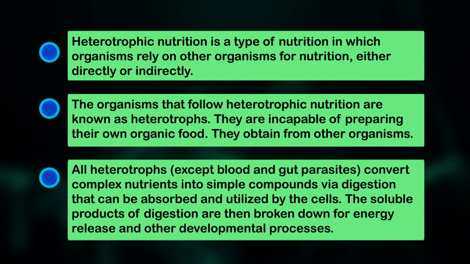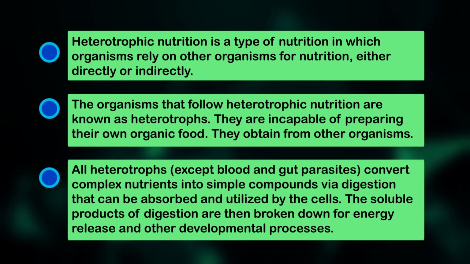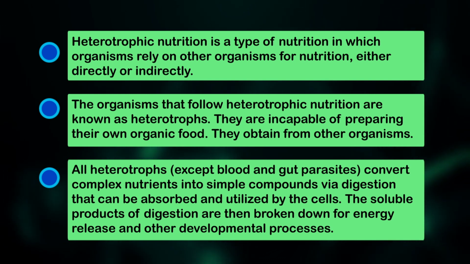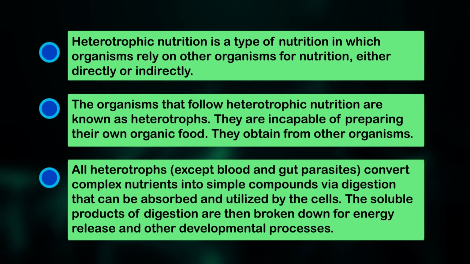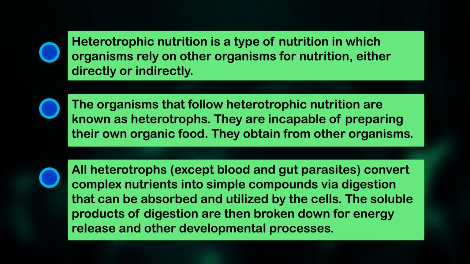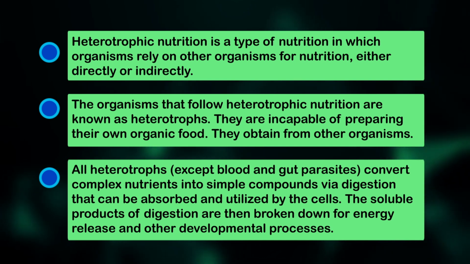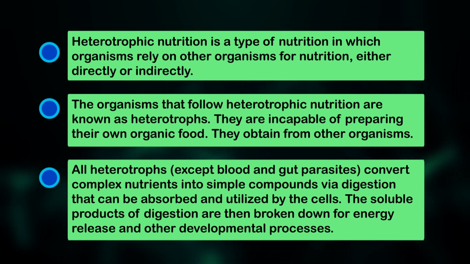All heterotrophs except blood and gut parasites convert complex nutrients into simple compounds via the process of digestion, which can be absorbed and utilized by the cells. The soluble products of digestion are then broken down for energy release and other developmental processes required.